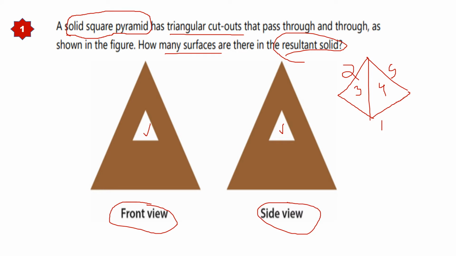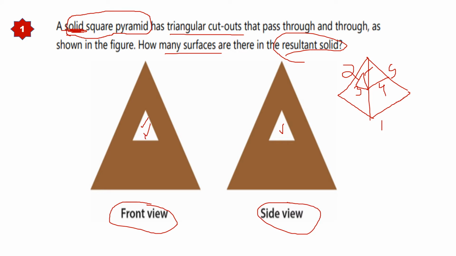Now, if we have a hole in the center like this, keep in mind that this is a solid square pyramid. It is solid, so from here to there it is a hole. It is just a hole.